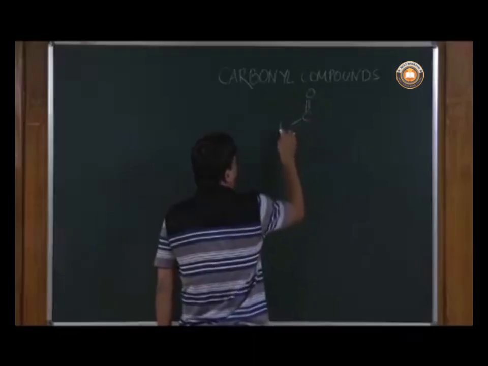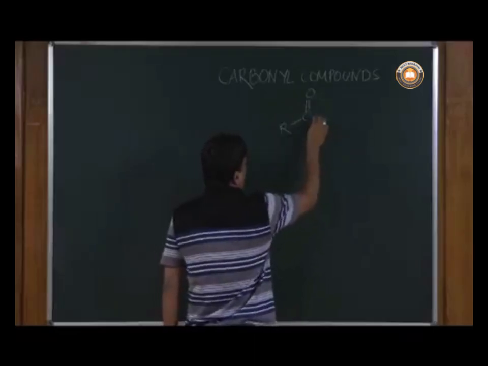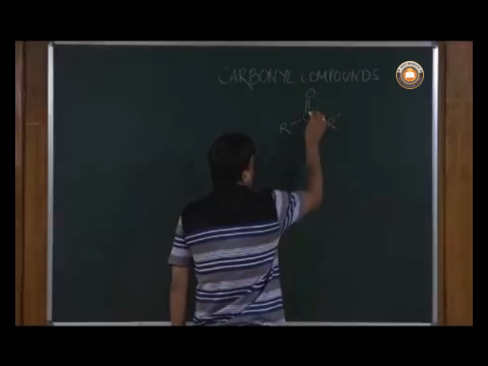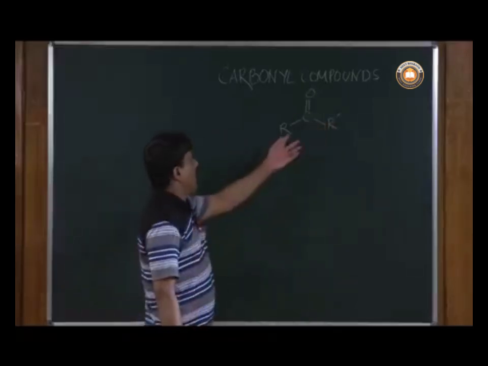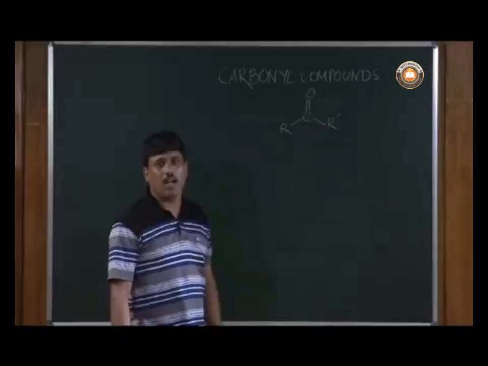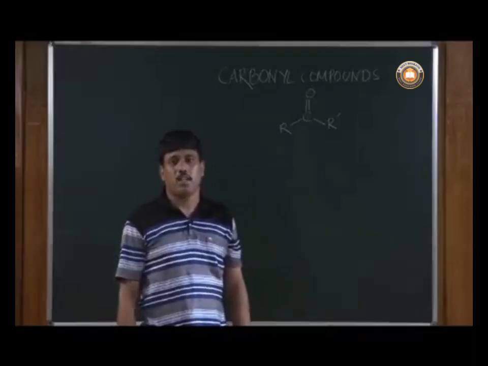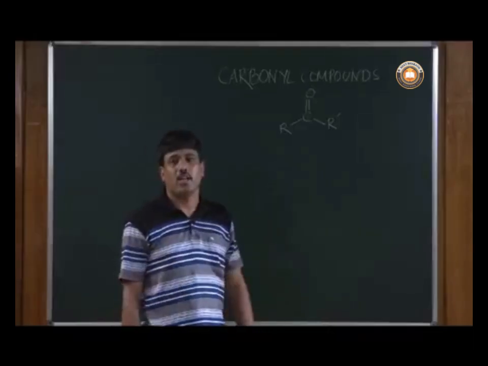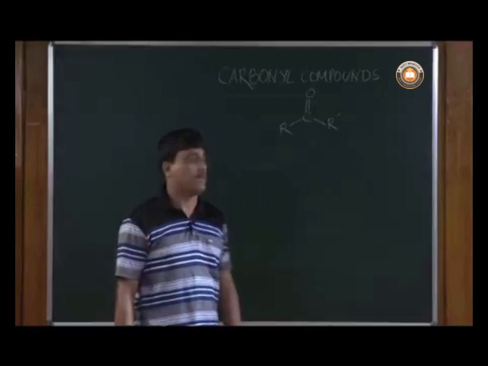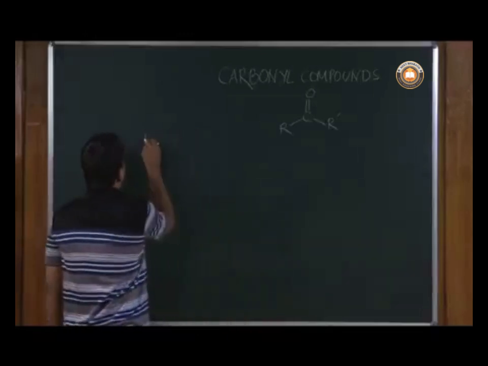They can be represented by the groups attached, like R and R dash, and depending on the properties and the structure of R and R dash, they are called different derivatives. So, first we will learn about aldehydes.